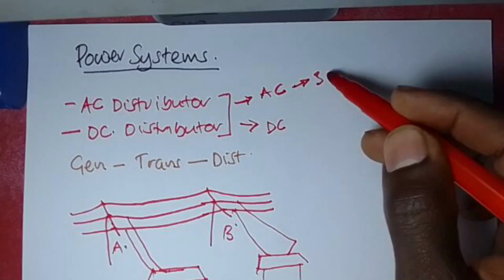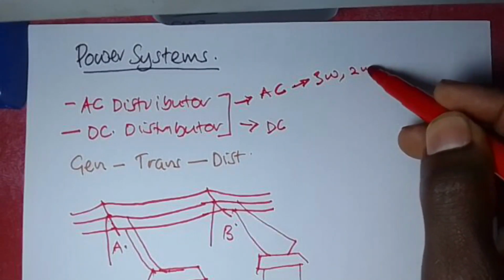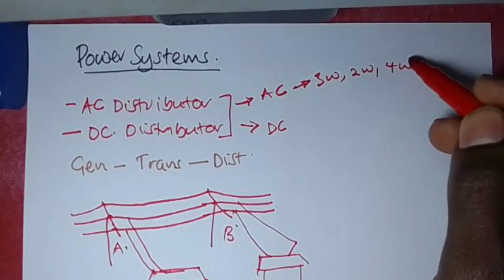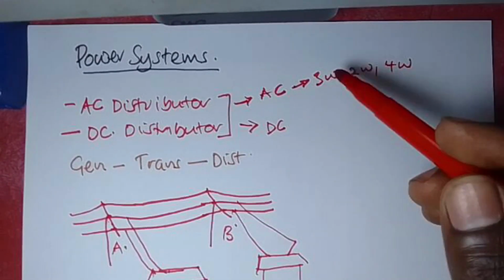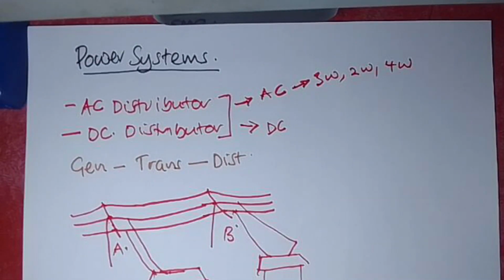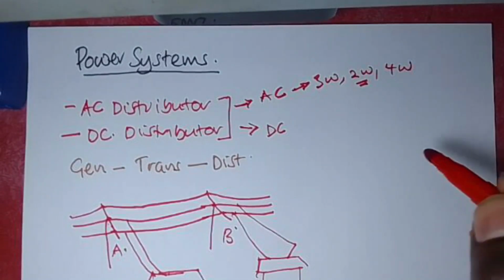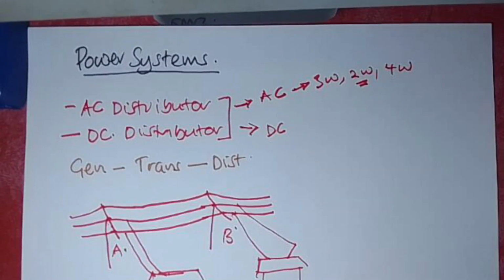It can be a 3-wire, a 2-wire, it can even be a 4-wire distributor, but it depends on what kind of load it is distributing to. So if it is a single phase AC distributor, we expect it to be of 2 wires. If it is a 3-phase distributor, we expect it to contain up to 3 wires or even 4 wires accordingly.